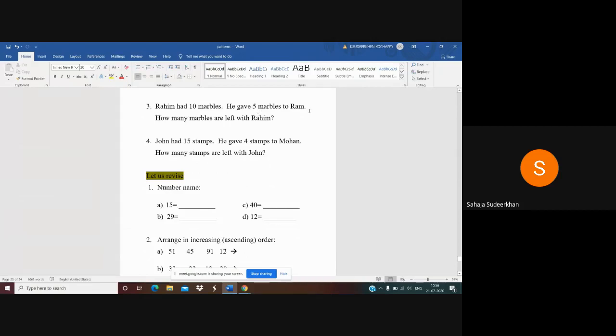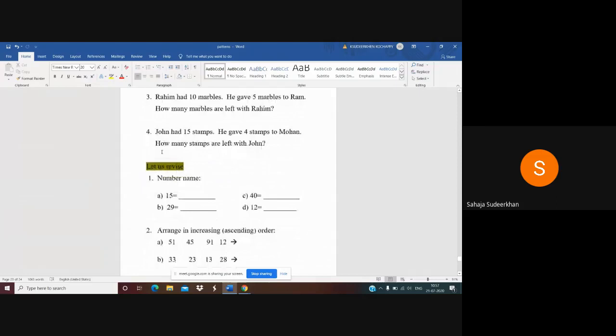He gave 5 marbles to Ram. How many marbles are left with Rahim? See, Rahim had 10 marbles. Out of 10 marbles, he gave 5 marbles to his friend Ram. Then how many marbles are left with Rahim? So you can write the solution here.